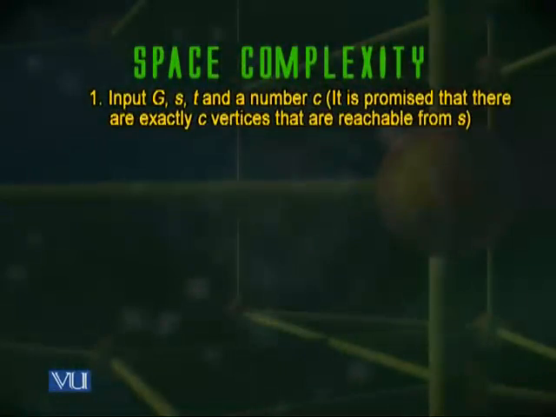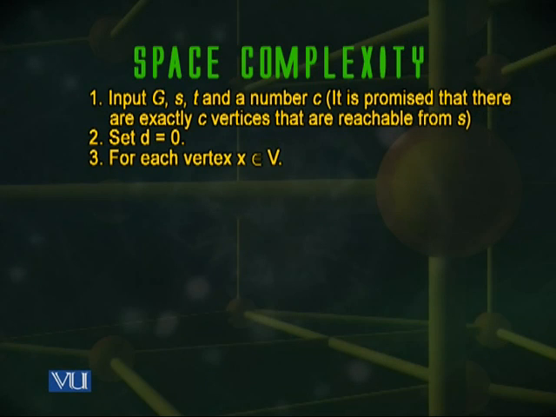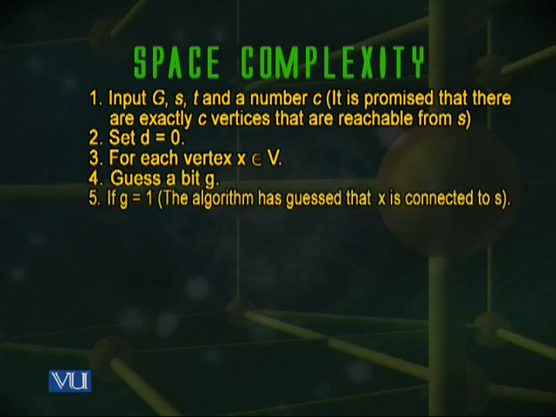So we set a counter. The input to the algorithm is as it was before. We set a counter D equal to 0. And now for each vertex X in V, we will guess a bit G. If G is equal to 1, then the algorithm is guessing that X is inside this set, that X is actually connected to S. Now what we will do is run the previous path verification algorithm.